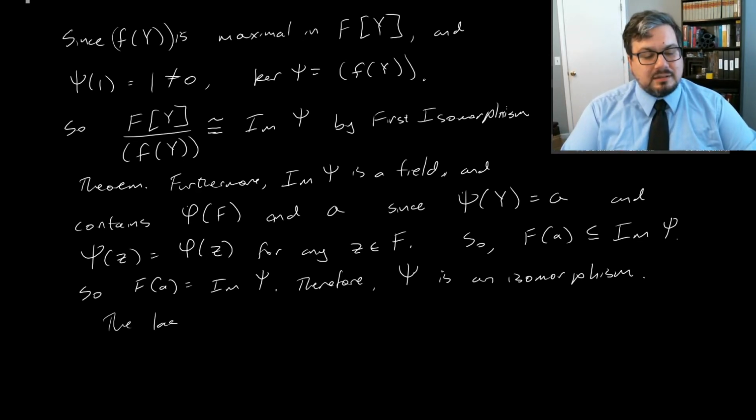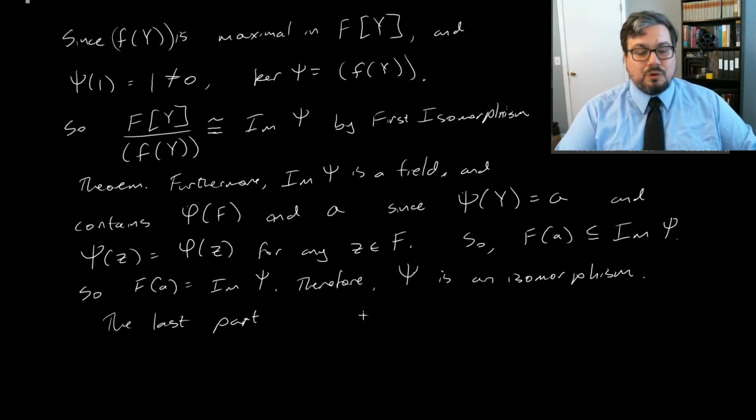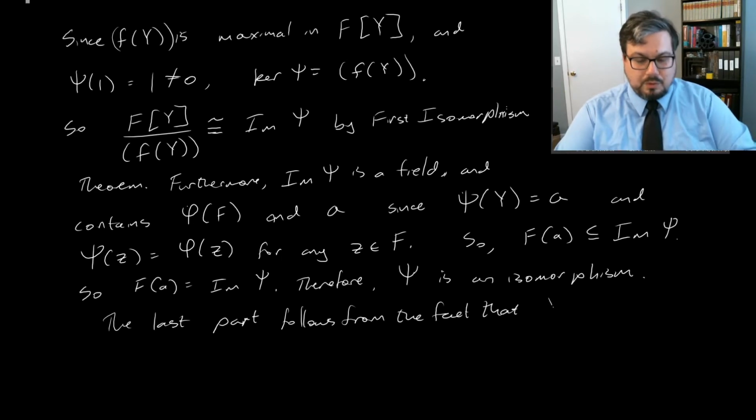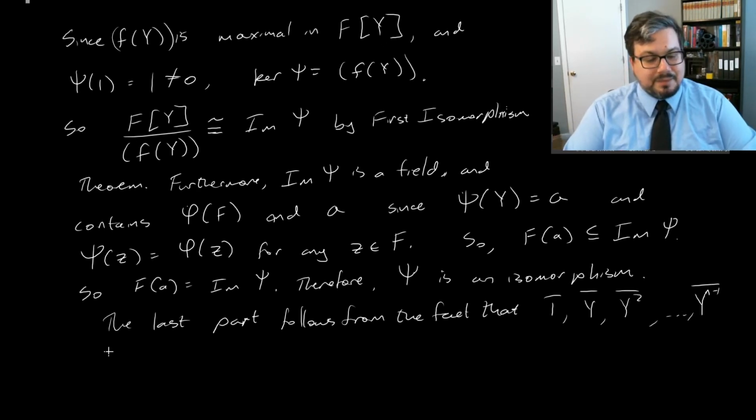The last part, talking about 1, a, a squared, etc., being a basis for F of a, follows from the fact that 1 bar, y bar, y squared bar, up to y^(n-1) bar is a basis for F adjoin y over F of y.